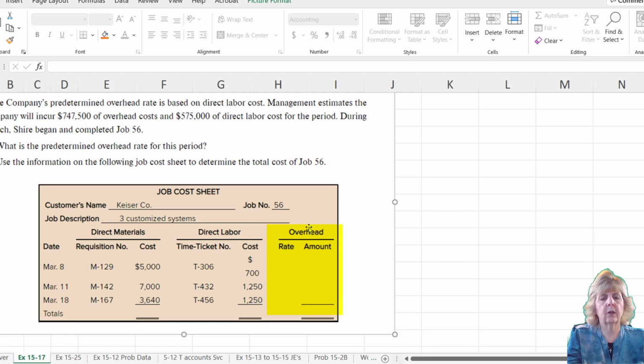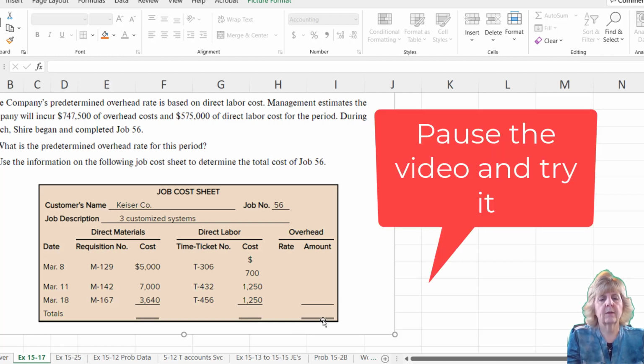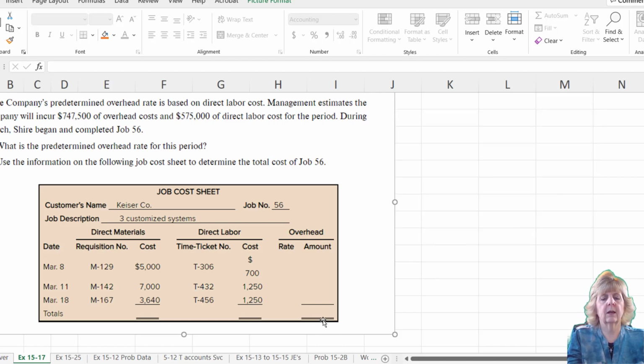We'll apply the overhead based on the rate that we come up with in number 1, multiplied by the direct labor cost. To compute requirement 2, simply add up the direct materials, the direct labor, and the overhead charged to the job, and that will give us the total job cost sheet. Pause the video, try this exercise, and we'll go over the answer together.